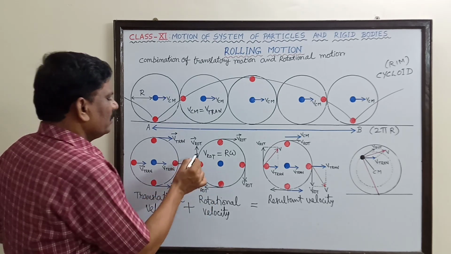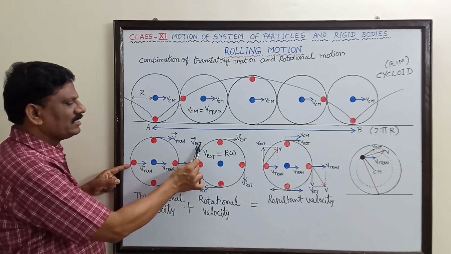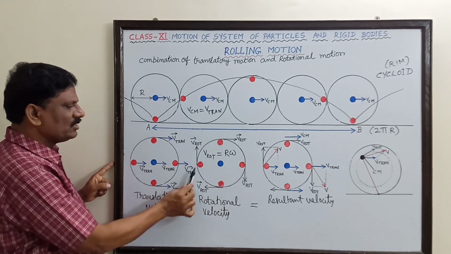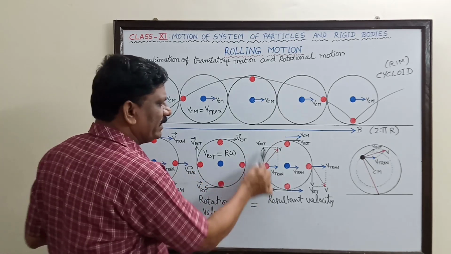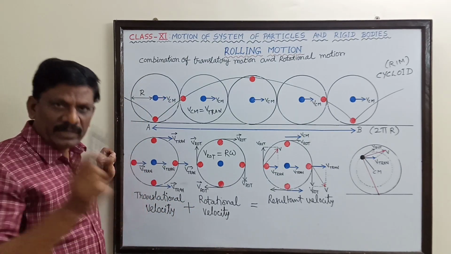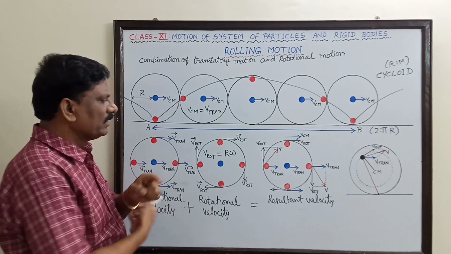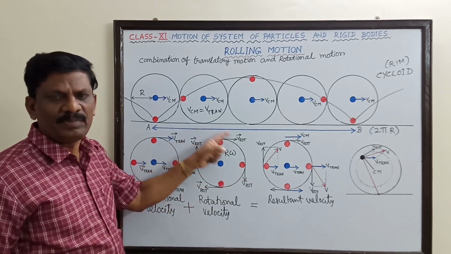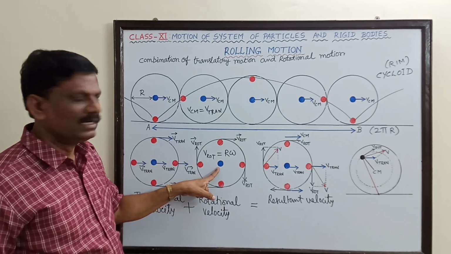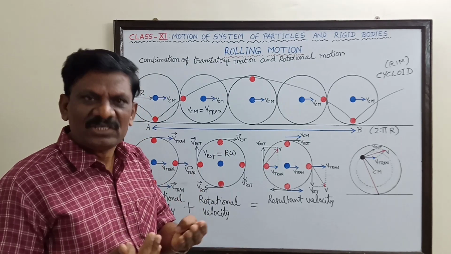The same particle has translational velocity as well as rotational velocity. In the first picture I have represented only the translational velocity of all the particles. In the second picture I have shown the rotational velocity of all the particles on the rim except the center of mass. All are rotating. In the third picture I have shown them together.